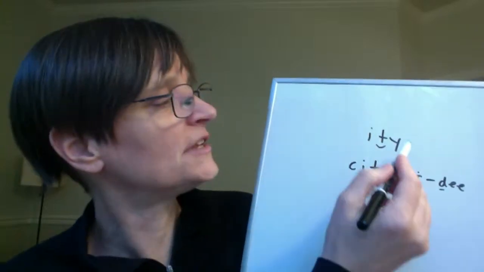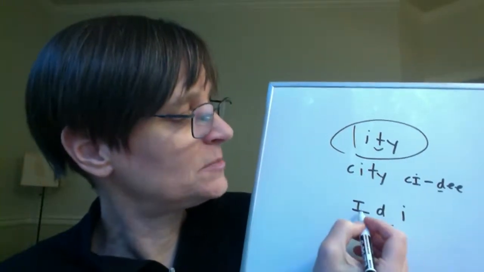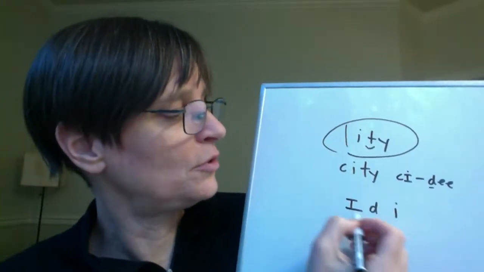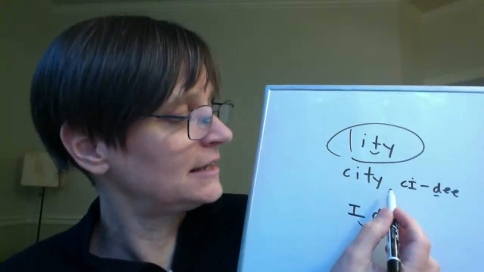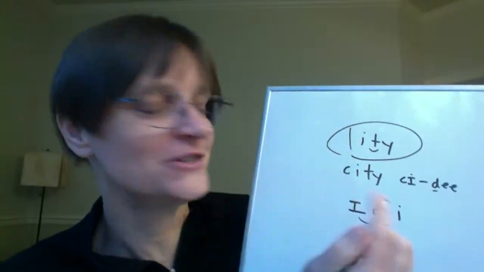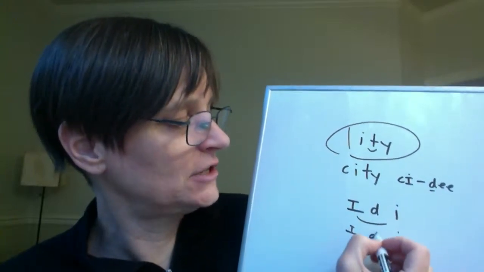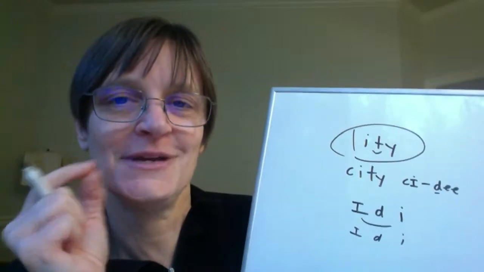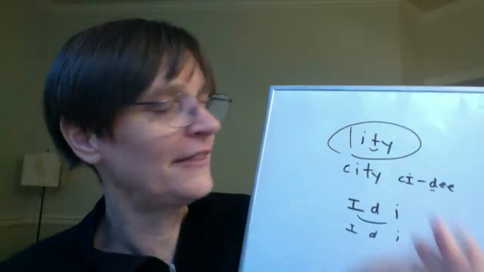There's many, many words that end with I-T-Y or L-I-T-Y, and it's basically challenging to do both E and I together. Many people I hear will say city or CD. Our mouth tends to want to do both I vowels or both E vowels, and we have to get used to going from I to E. Itty, itty. Go very slowly until you get it, and then build that on to those other words.